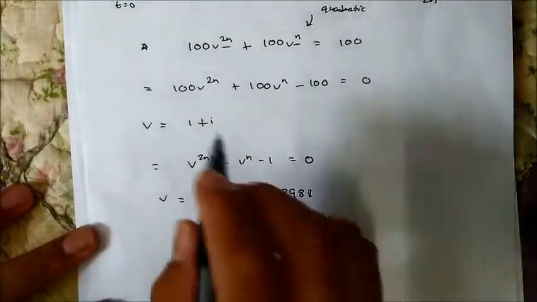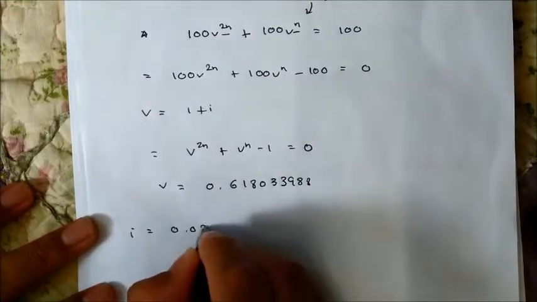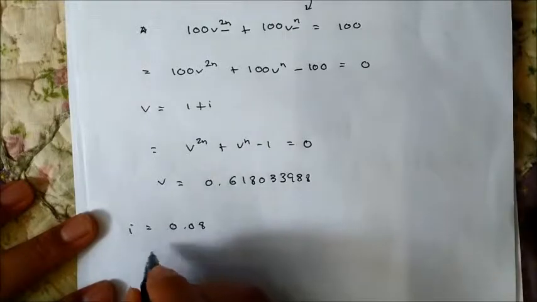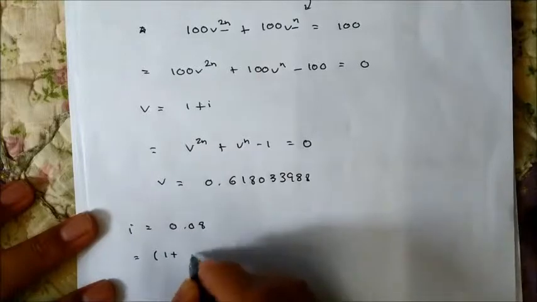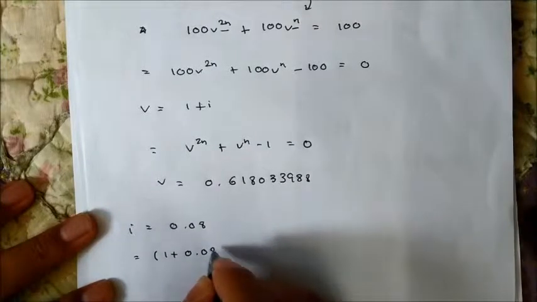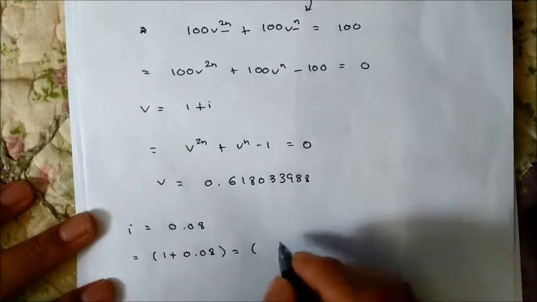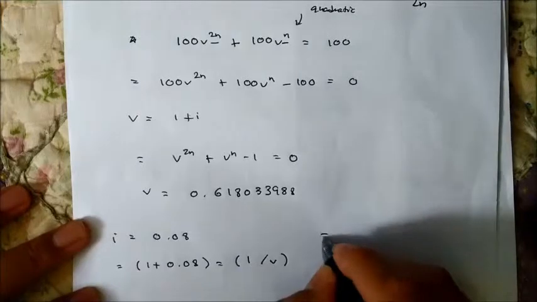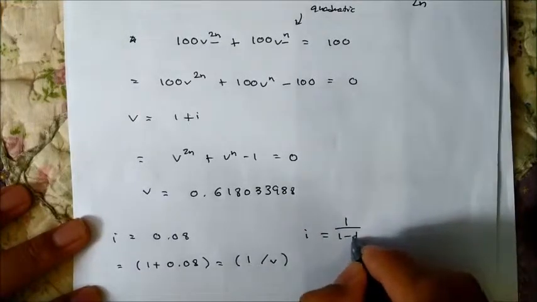Alright. Note that the question said that i equals 0.08. So we can create an equation which leads to 1 plus 0.08, which is equal to 1 over v, because we know that v is 1 over 1 plus i.